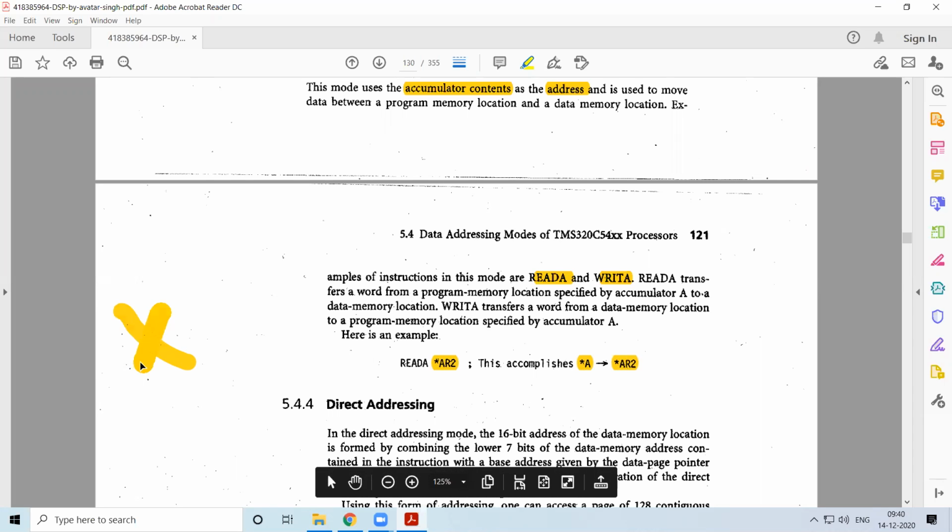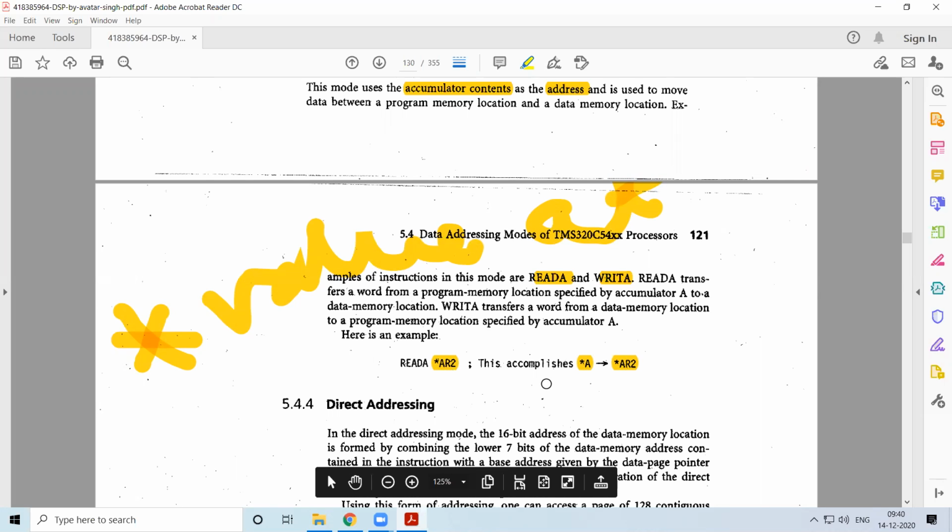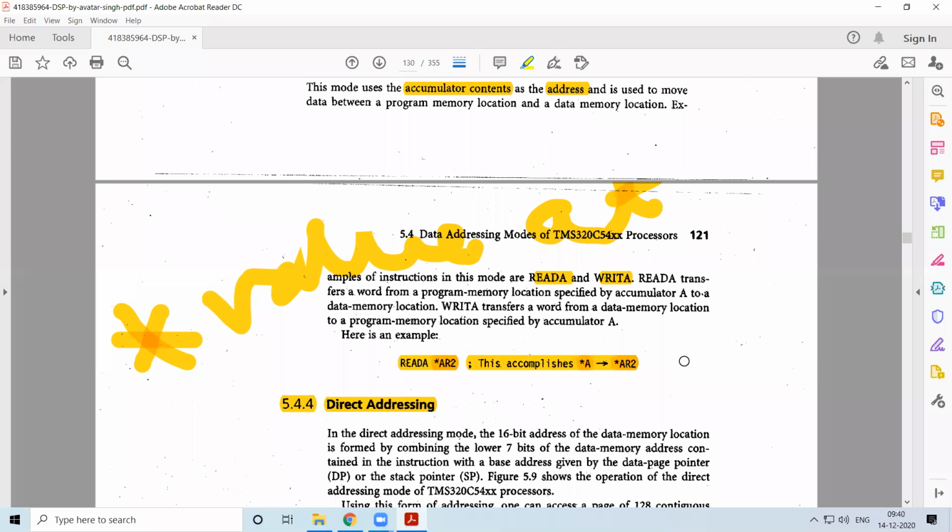One simple way, star you can specify as value at. So here if I read it, star AR2 is value at AR2, value at A. The A is giving you the address. Here AR2 is giving you the address. So what is happening? The value at this location should be stored at the address specified by AR2. So this is what it implies.